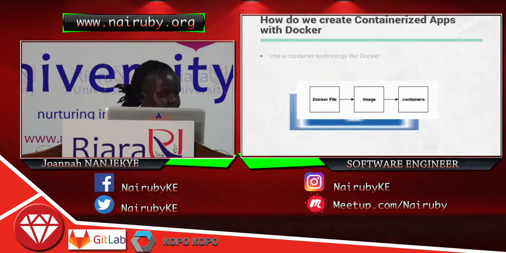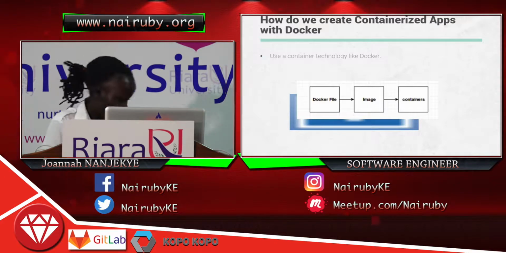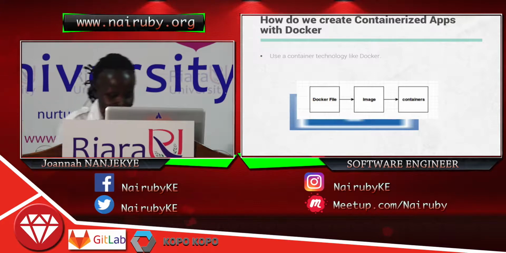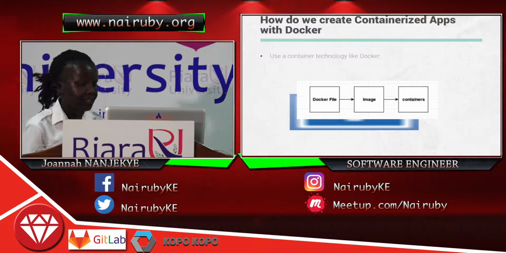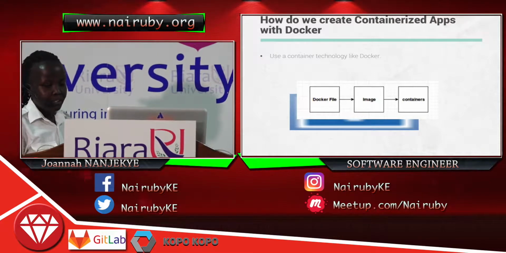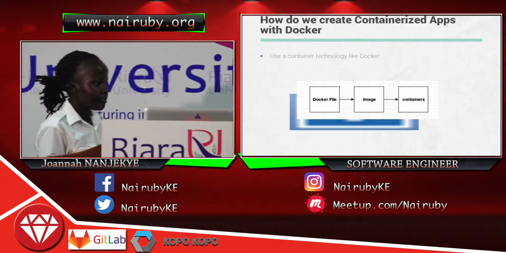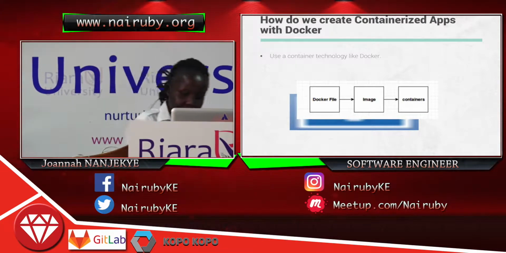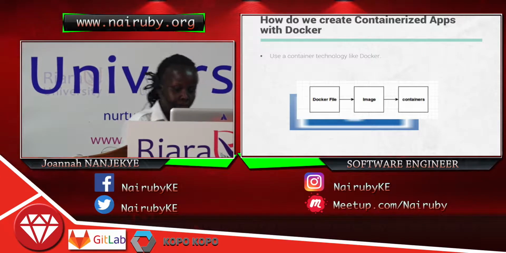So, how do you create a containerized application? I think that would be the next question. At its core, it all starts with a Dockerfile. I'm explaining containerization in the context of Docker. So, we'll have a Dockerfile. It's a normal file you write with a couple of instructions.